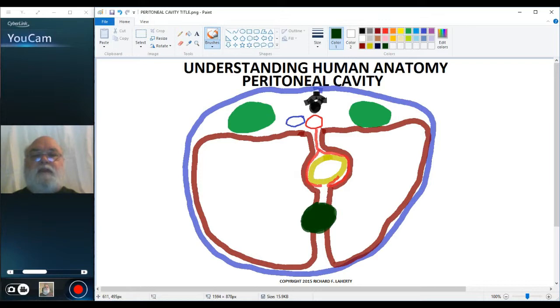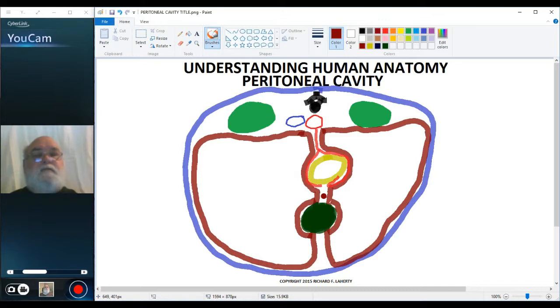Now, since it's growing inside the ventral mesentery, it will have the mesentery still around it. So I just have to complete this. And complete that.